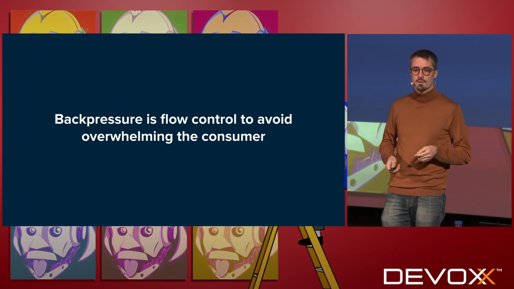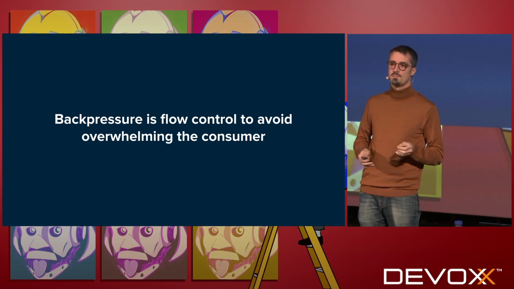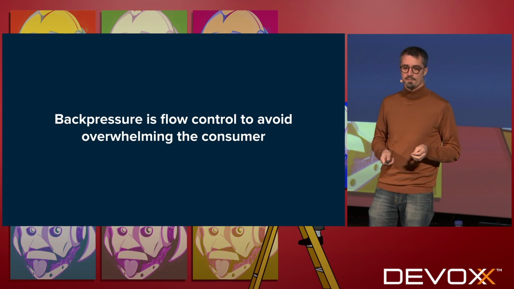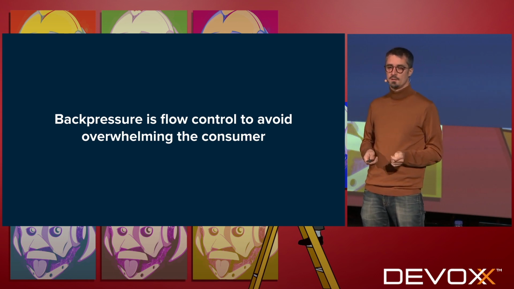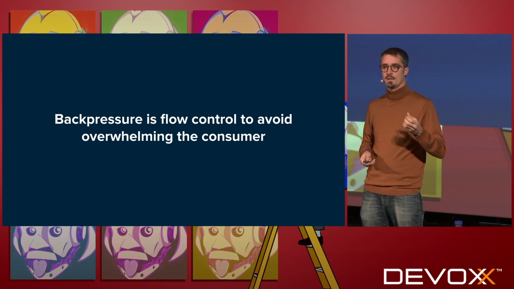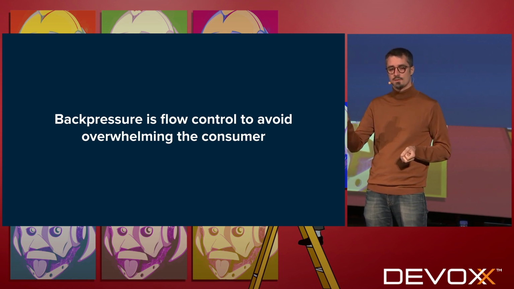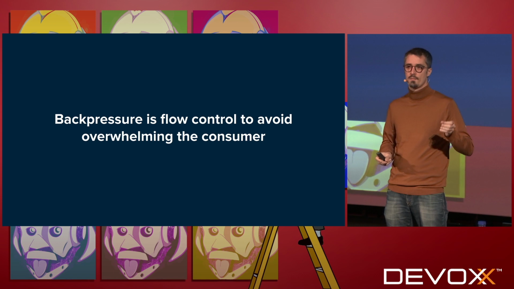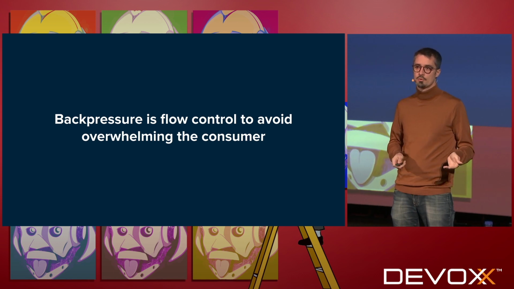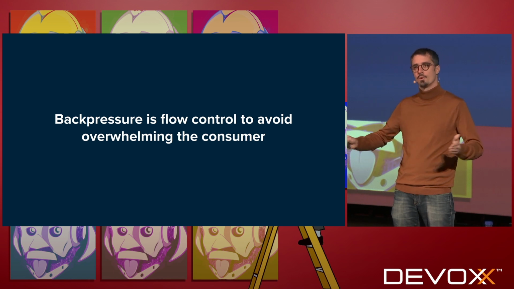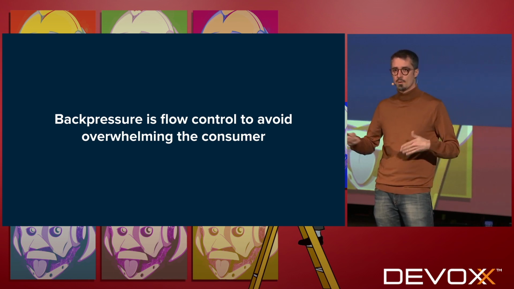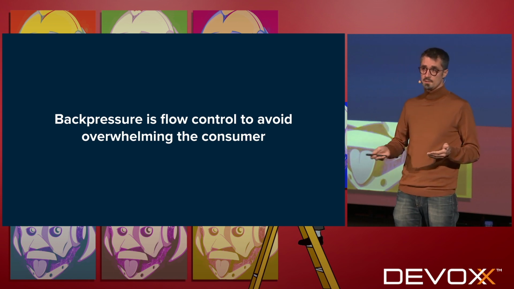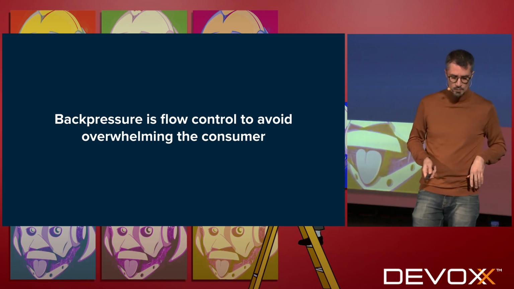There is also back pressure, which is flow control to avoid overwhelming the consumer. So the idea with back pressure is that you deal with the demand. When you are developing a slow consumer and you have a very fast producer, basically what usually occurs without back pressure is that you have some kind of buffers that grow because you can't process all the data, and at some point your service crashes because it does not have any memory available.